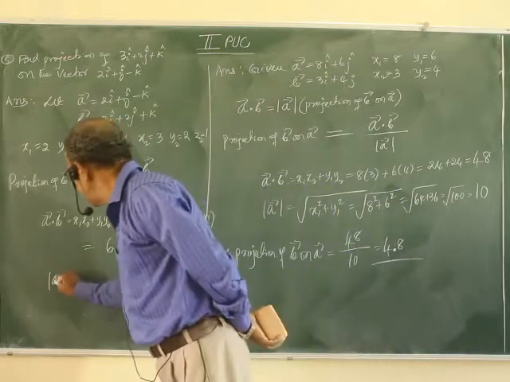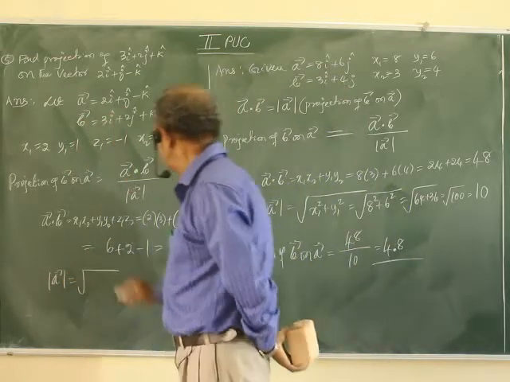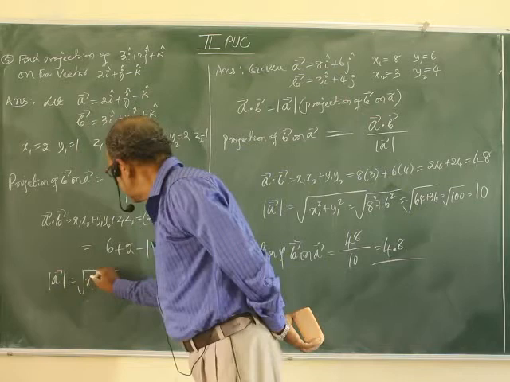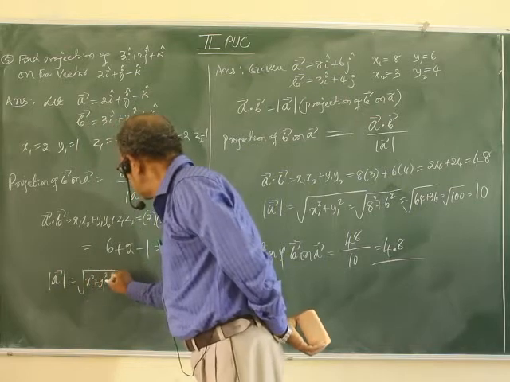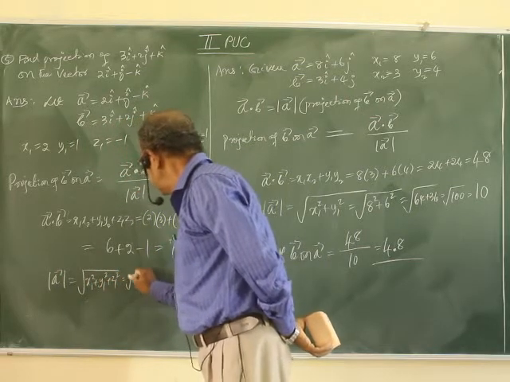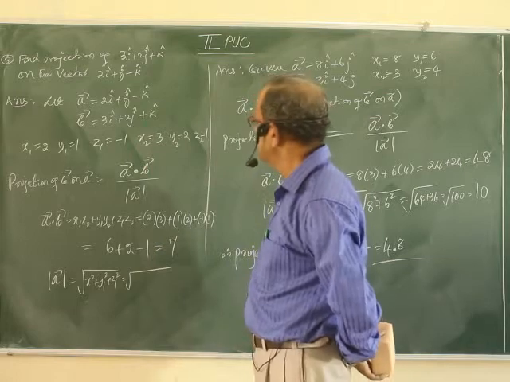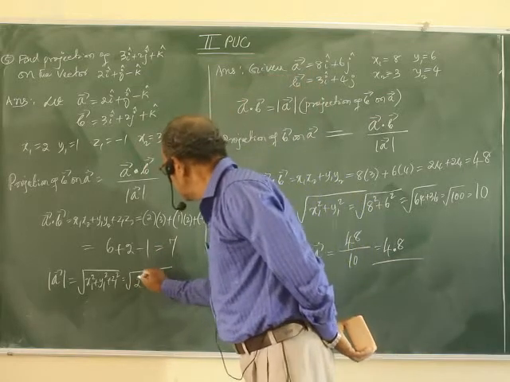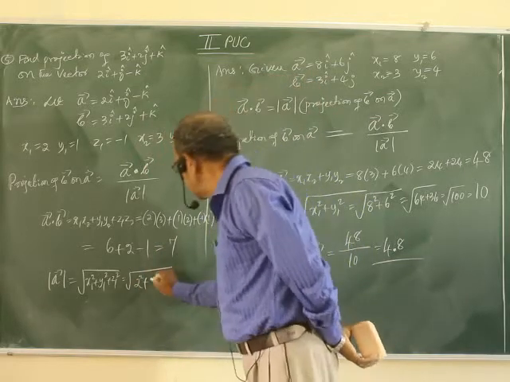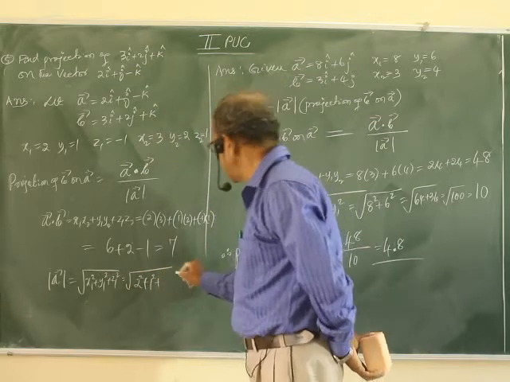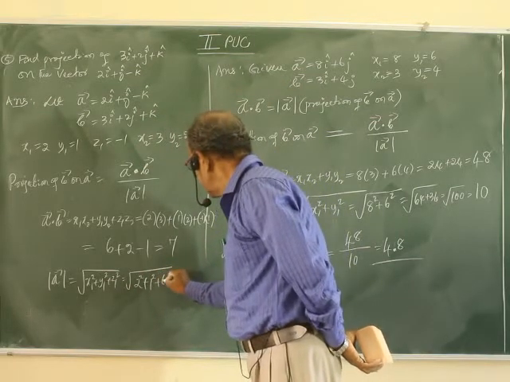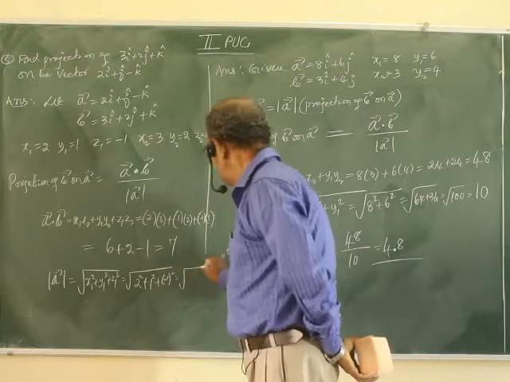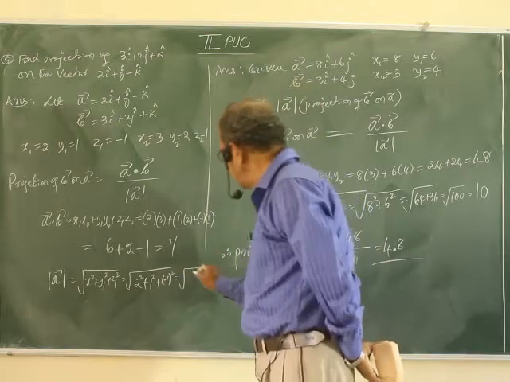Mod A: x1 square, y1 square, z1 square, 2 square, 1 square, minus 1 square, root 6.